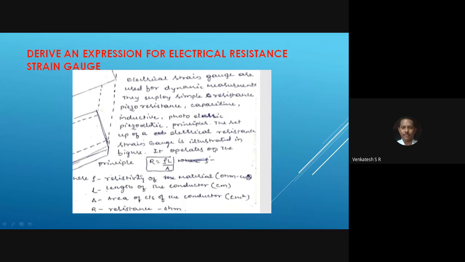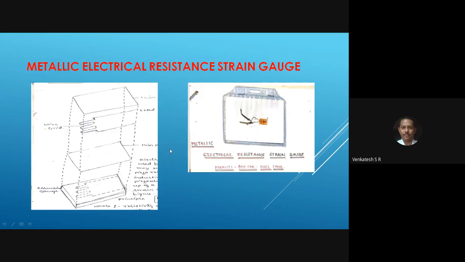Last class we discussed the strain measurement. In that, this is the strain gauge, the electrical resistance strain gauge, which is used in the Maruti 800 car in the fuel tank. So the position of the fuel in the fuel tank can be measured by the application of the electrical resistance strain gauge.